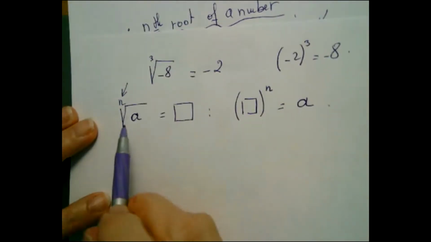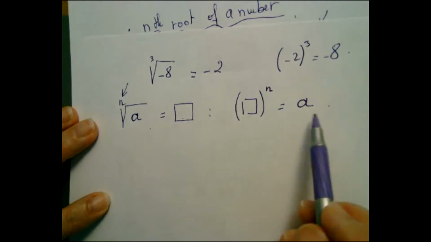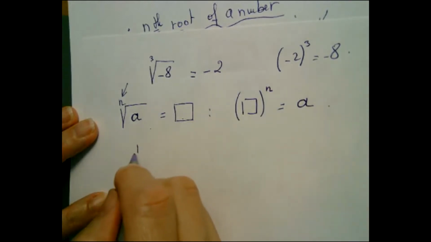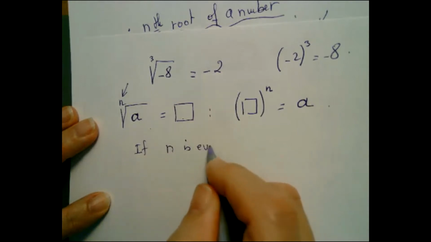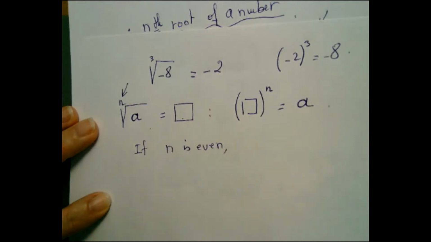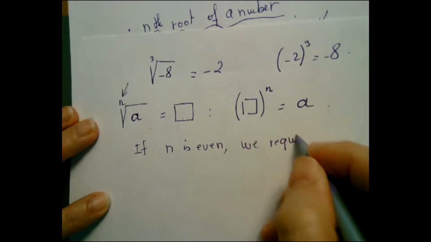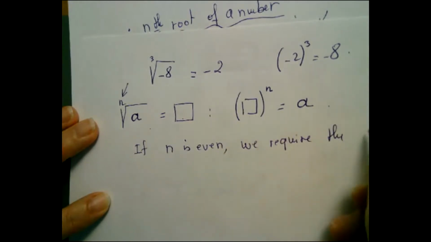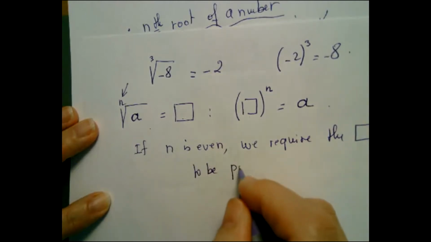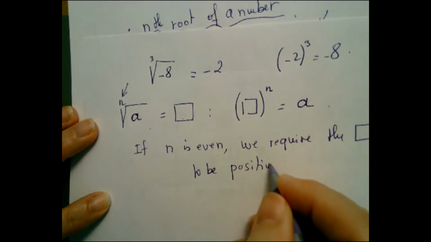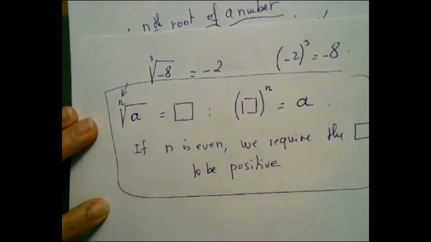So what is the nth root of a? It's the number that, when you raise it to the power n, gives you a. If n is even, like 2, 4, 6, we require the number, the box basically, to be positive. That's part of the definition. That's how we define it.